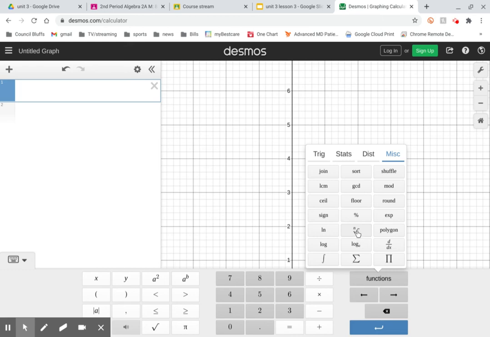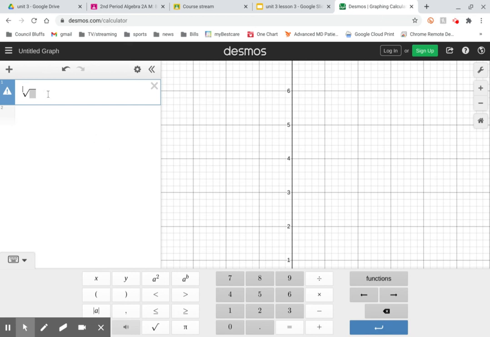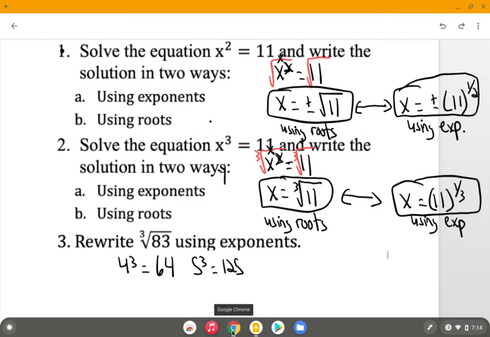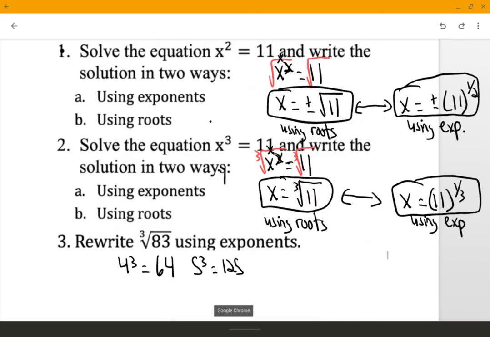So if you have any root other than the square root, I'm going to go here, and now I could type in a 3 there to make that the cube root of 83, and notice it tells me it is between 4 and 5.